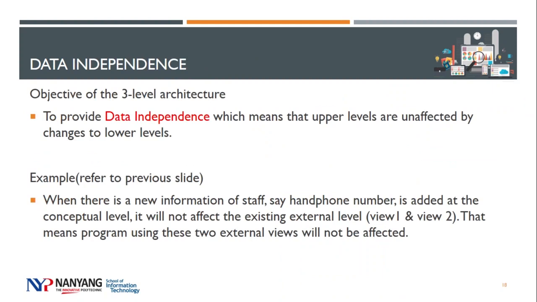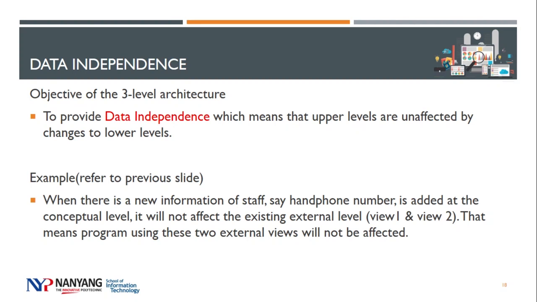Next, why do we want to have these three-level architectures? The key purpose is to provide data independence, which means that the upper levels are unaffected by what happens at the lower levels. So for example, if I make a change to the physical layer of the database, the viewers can continue to access the data.